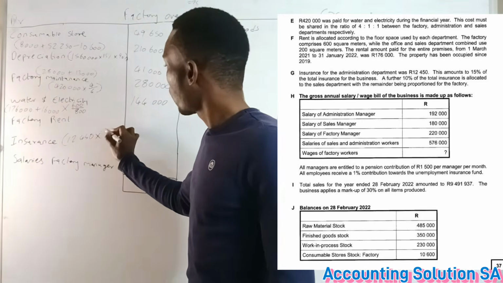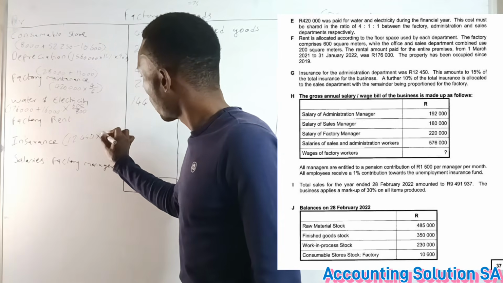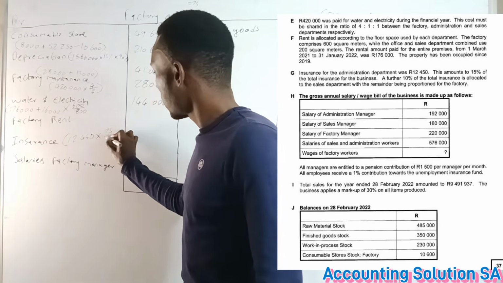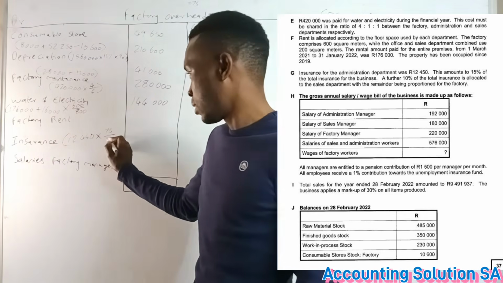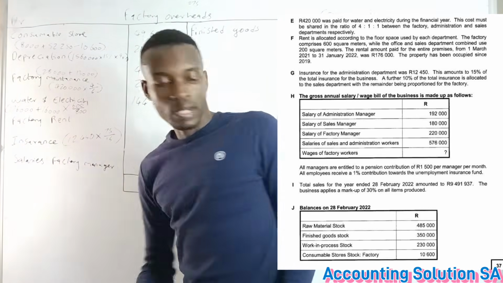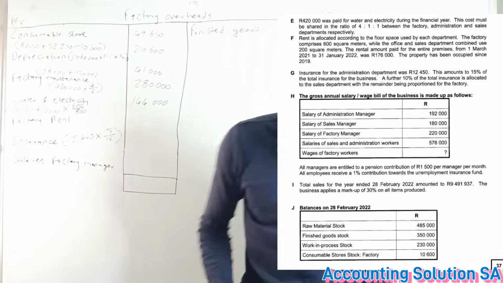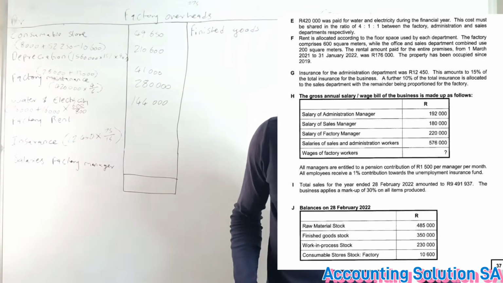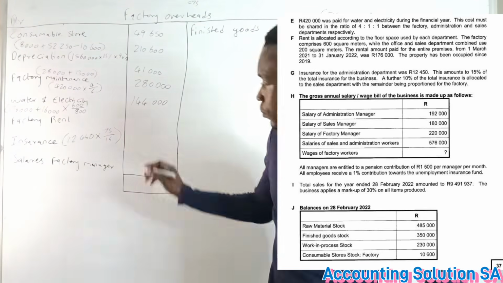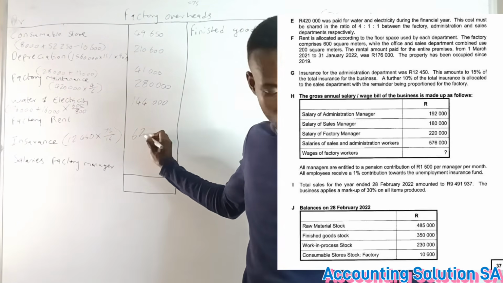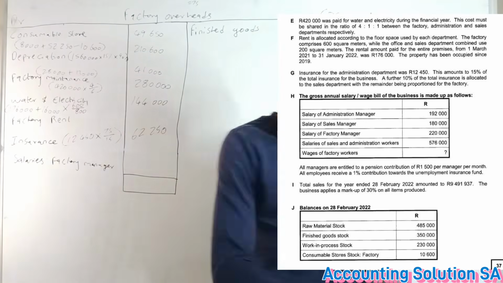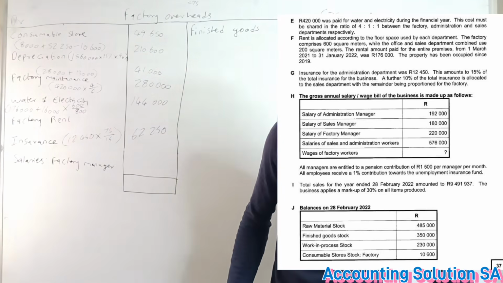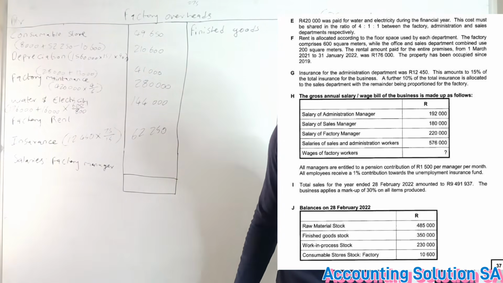We are looking for 75%, and what we have, this amount they said is 15%. Okay, then after that you will get an amount of 62,250. Okay, very simple.